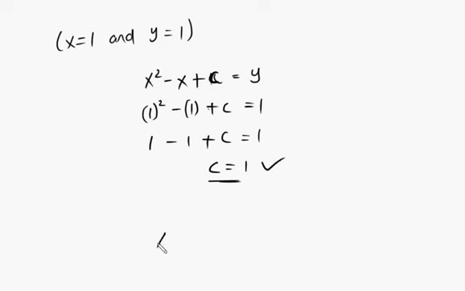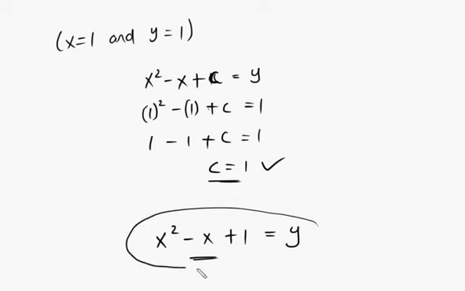So we get the particular solution now. X squared minus x plus 1 is equal to y. So this one now is the what? Is the equation of a curve.